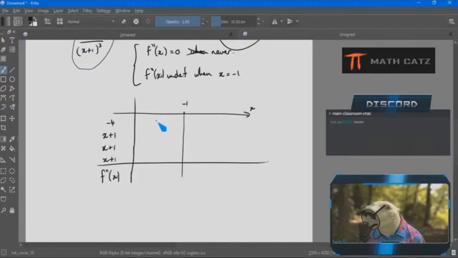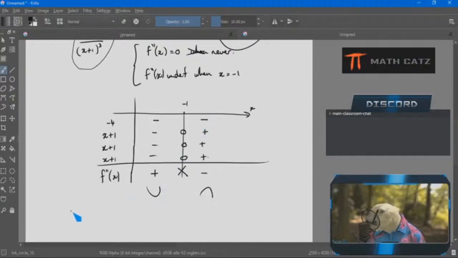But this step alone is not sufficient. So negative 4 is always negative. X plus 1 is 0 when x is negative 1. It's in the denominator, so it makes the second derivative undefined. It's going to go negative to positive, and all these guys are the same. I could merge them together. If you're comfortable doing that, go right ahead. But the simpler I make each of these pieces, the easier it is. I have 4 negatives, and I have 1 negative. So I bend up, I bend down.